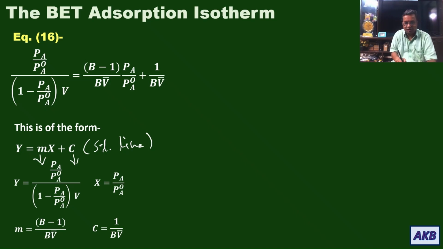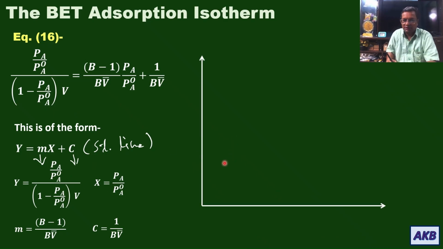For this equation, now you know what is y, what is x, what is m, and what is c. So you can plot it. When you plot y on the y-axis and x on the x-axis, you'll get a straight line with a slope of m and an intercept of c on the y-axis.